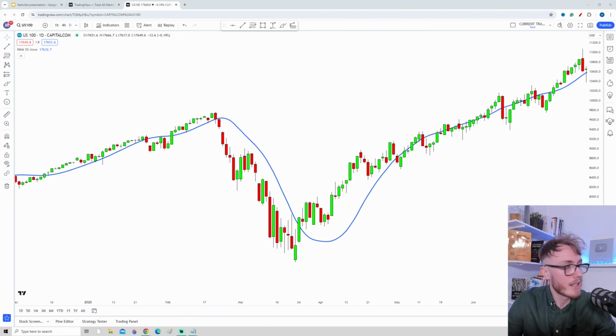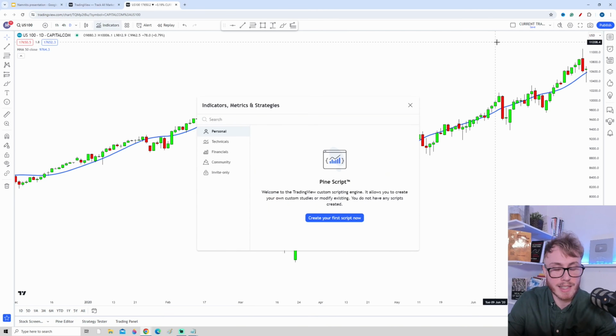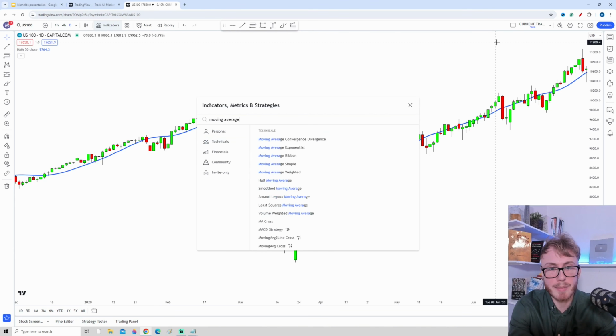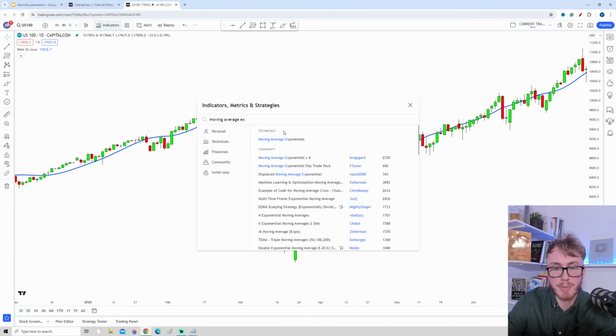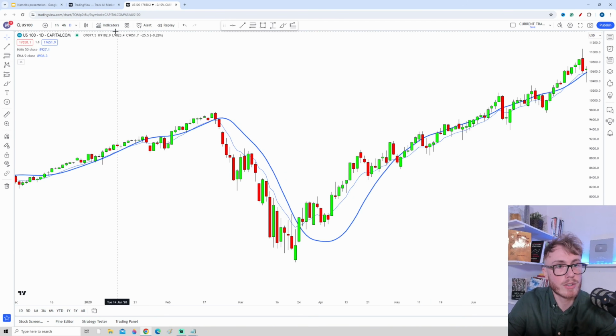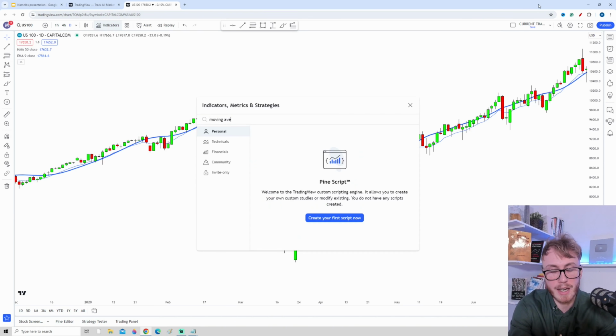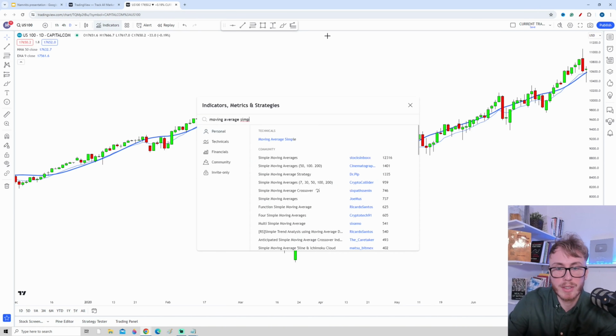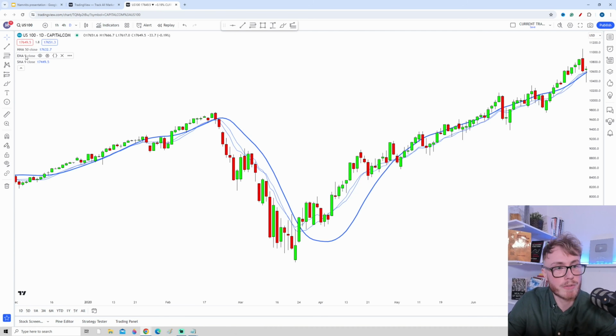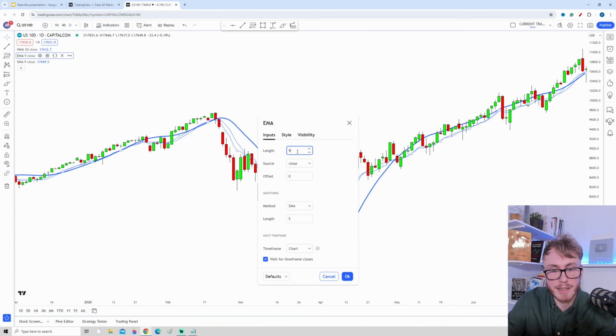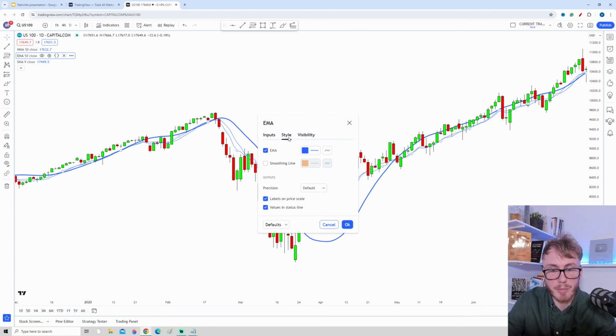In order to show you guys how responsive this moving average is, let me actually open up both an EMA, so moving average exponential. Let me also open up a moving average simple. And we want to make sure, of course, to make the length 50 on both of these.